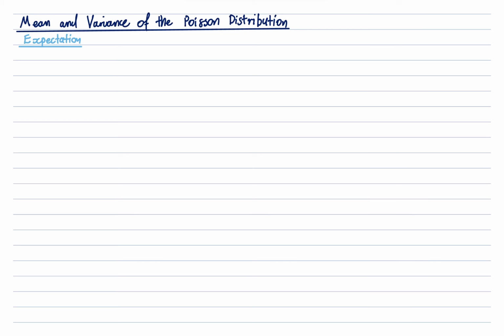So, if X has a Poisson distribution with parameter lambda, then the probability mass function, or the PMF of X, is given by the following.